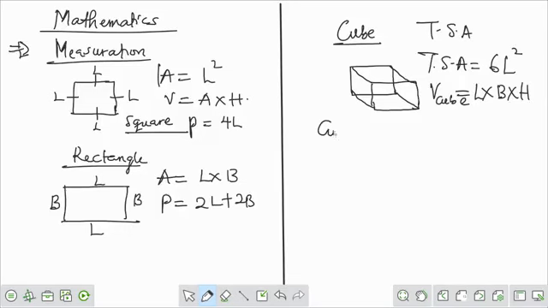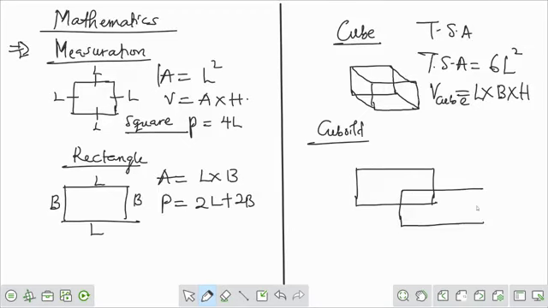Now cuboid, I told you that cuboid is different, that you have to use a rectangle. Do you get that? So you draw a rectangle instead of a square. In terms of cuboid it's different because we are going to be making use of height. So this is a cuboid. All sides of a cuboid are not equal, so the total surface area will be different.